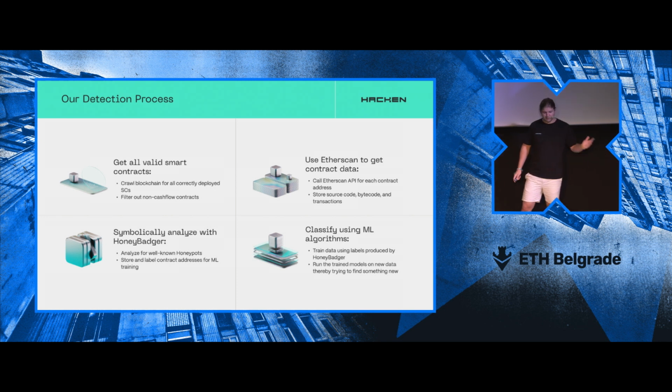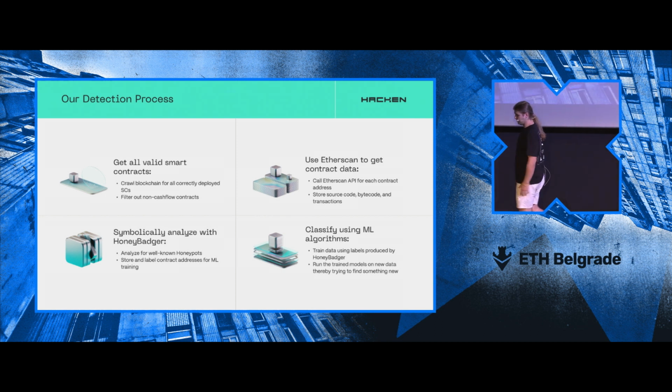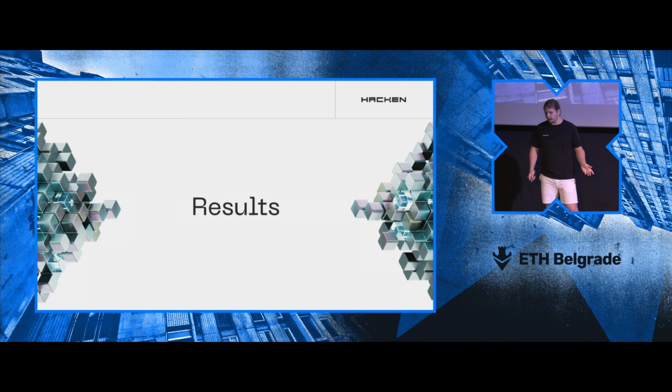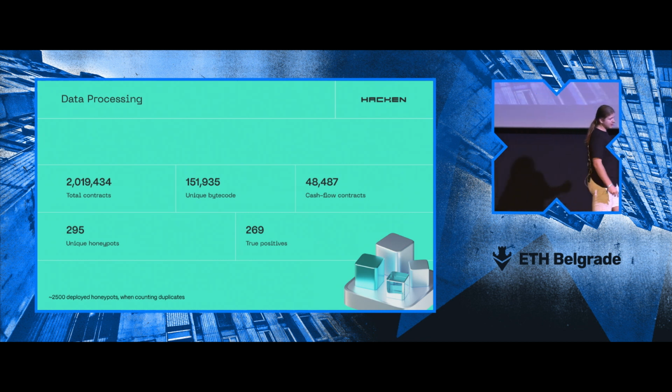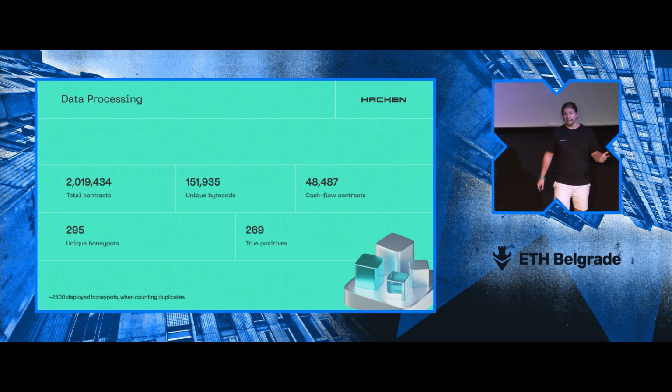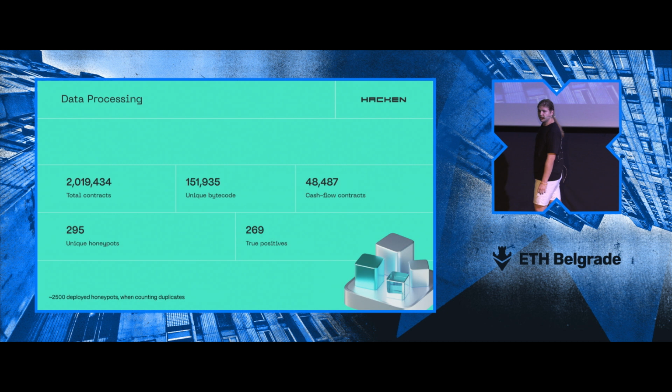And then you symbolically analyze it, and then you classify it using ML algorithms however you want, and just play around with that optimization. And what we can find out from that is, first, a ton of smart contracts are duplicates. 2 million deployed smart contracts, 150,000 unique bytecodes right now on Ethereum, 600,000 unique bytecodes. No more than that, literally last week.